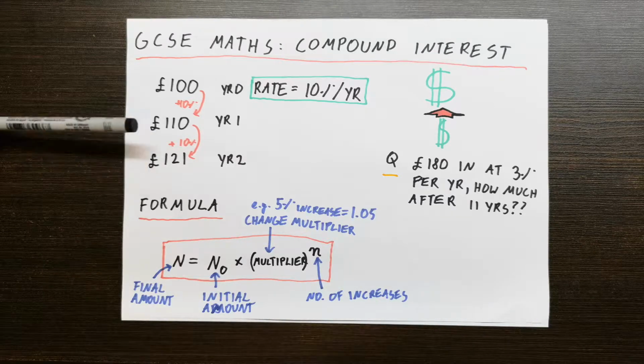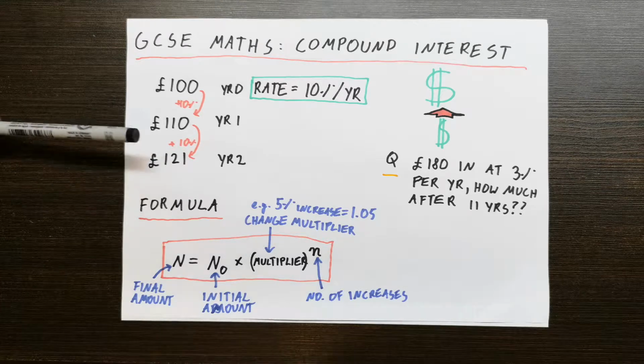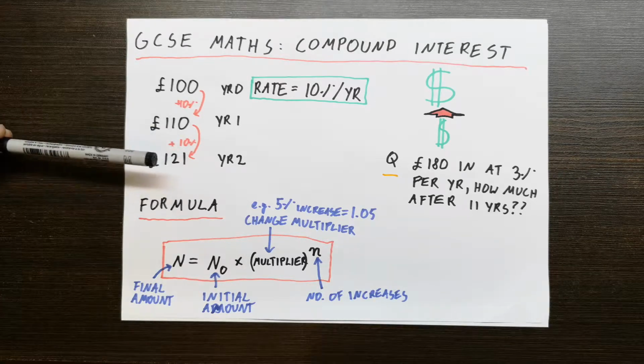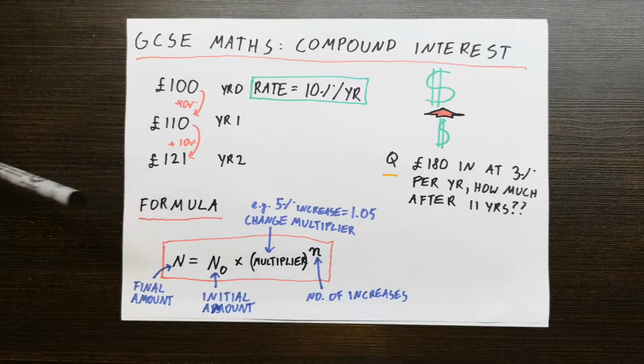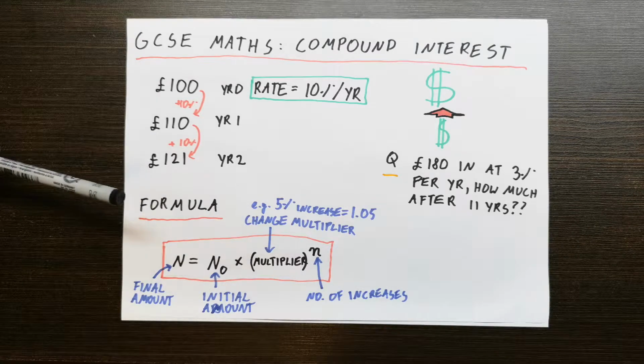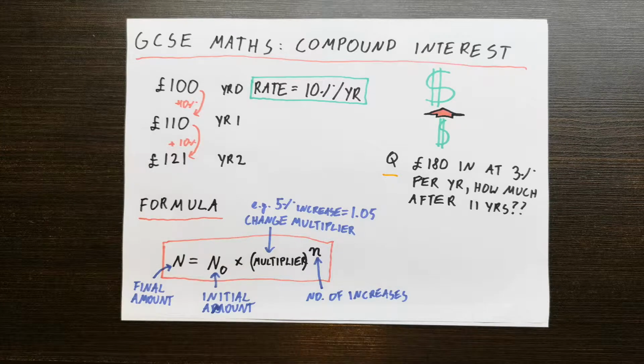So now 10% of 110 is actually 11. And therefore, if we add on that 10%, we get £121 rather than 120, which we would with simple interest. So this is how compound interest works in its most basic form.